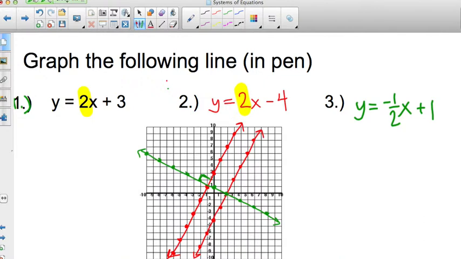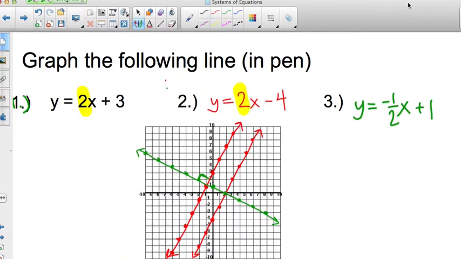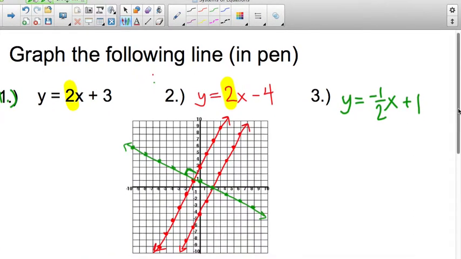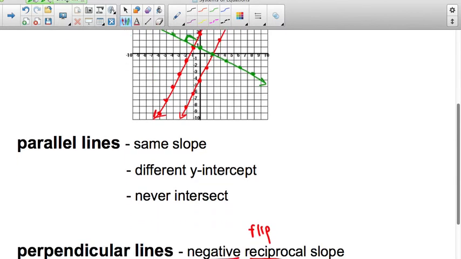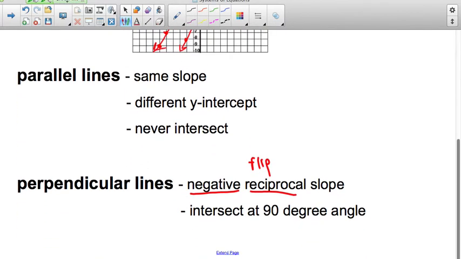So I want to go over 2 definitions with you. Parallel lines have the same slope, different y-intercept, and they never, ever intersect, never cross.